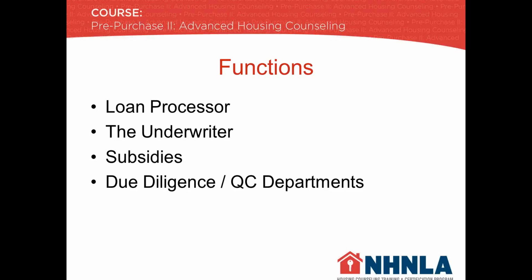Once the full application is received and the loan processor has a full file, it's ready to go to underwriting. So underwriting is going to take a look and review the documentation, ask any specific questions. If they want additional information, this is the stage at which they might say, we want to know about the divorce decree or something of that nature.